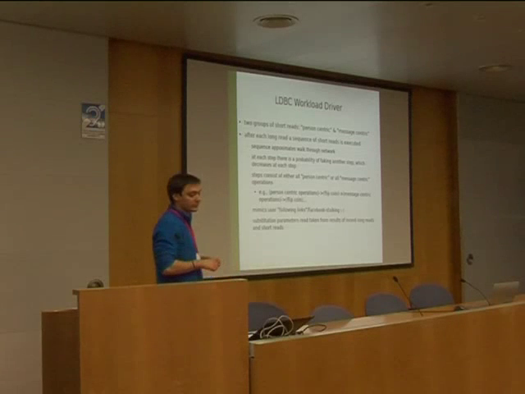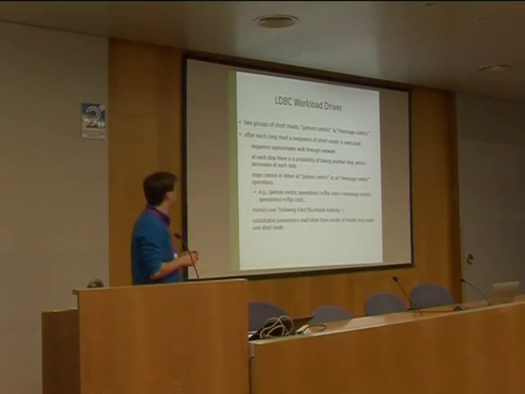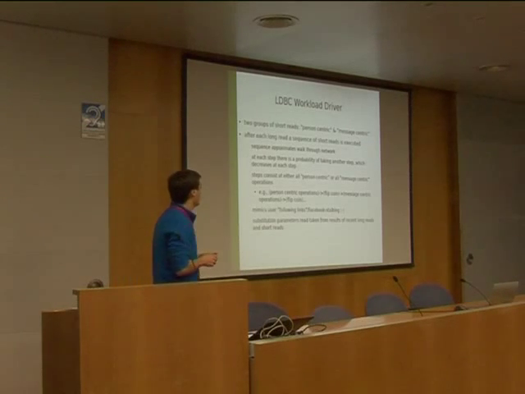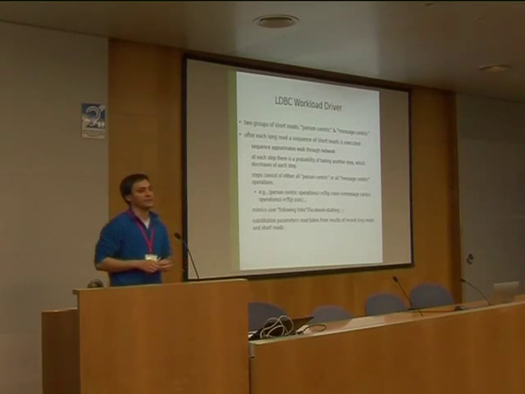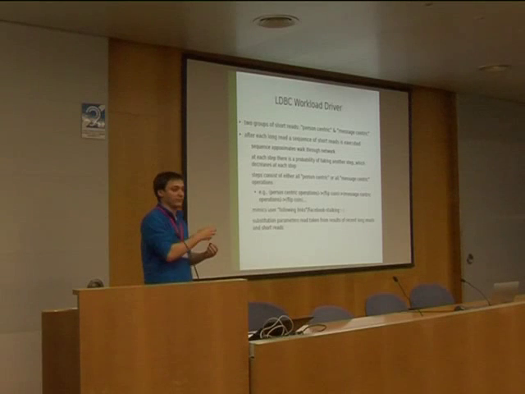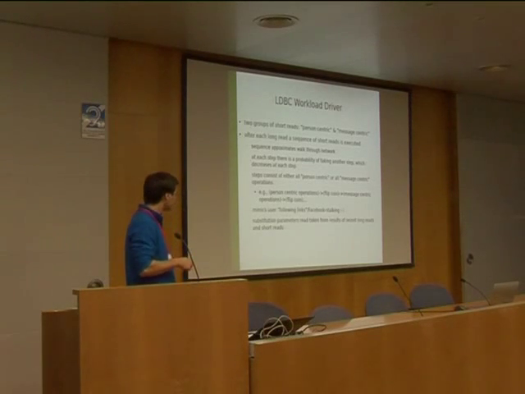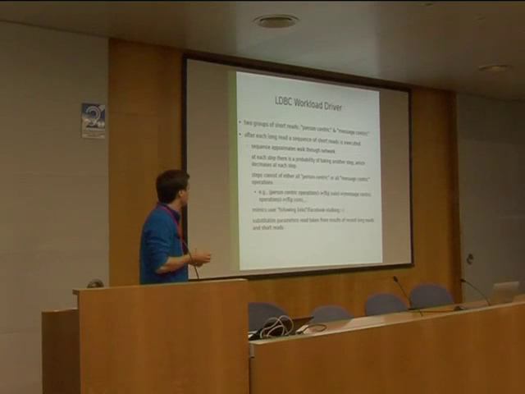After each long read, a sequence of short reads is executed. Each sequence tries to model the activity of a given user. At each step, there's a probability of having a new sequence of short reads.